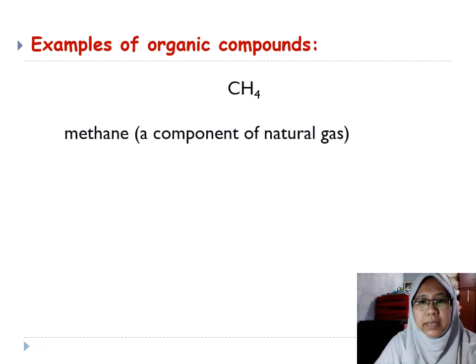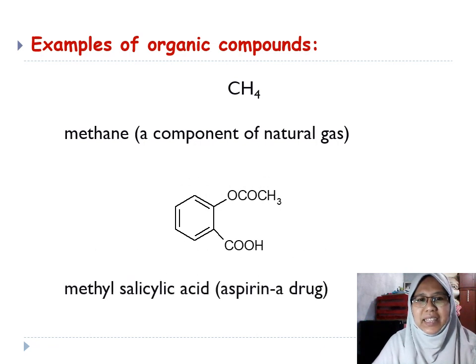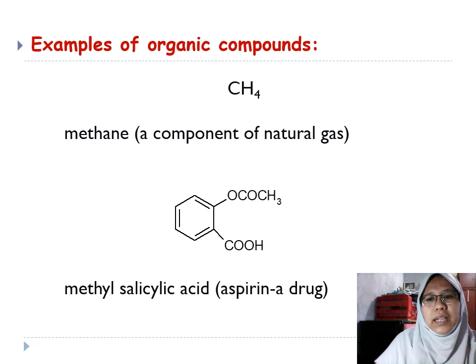Here are a few examples of organic compounds. This is methane, the natural gas that comes out from your mouth and from your behind. And this is aspirin, the one that is given to the boy. The scientific name is acetylsalicylic acid.